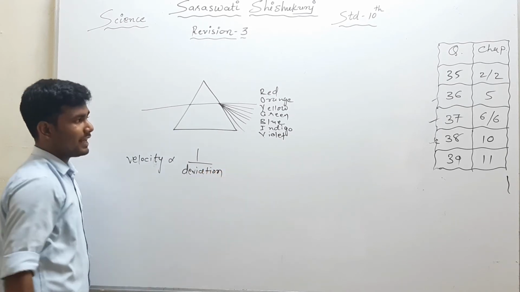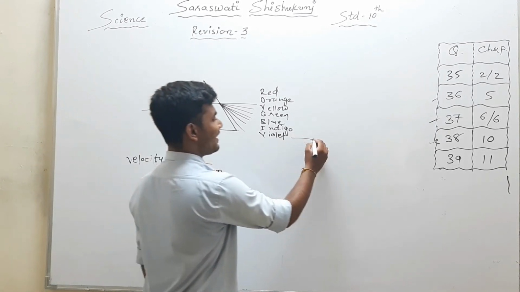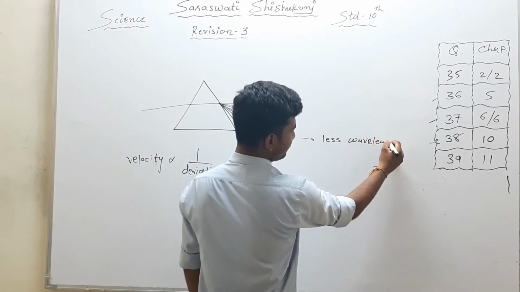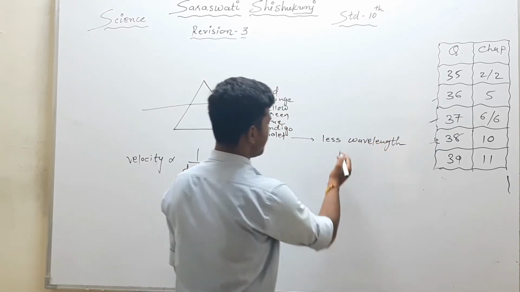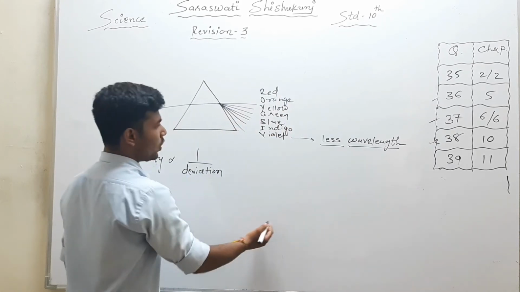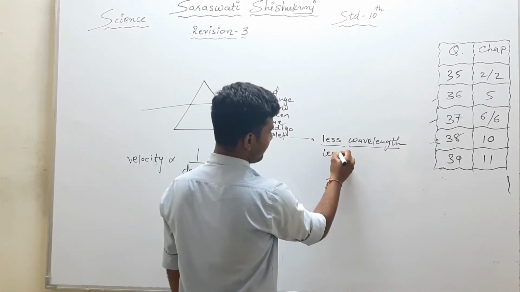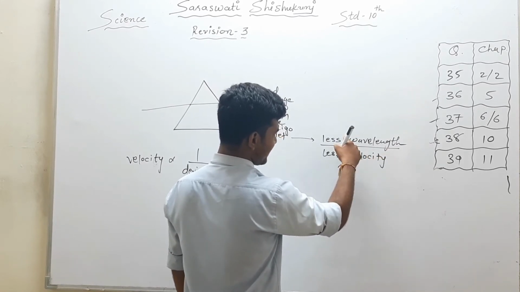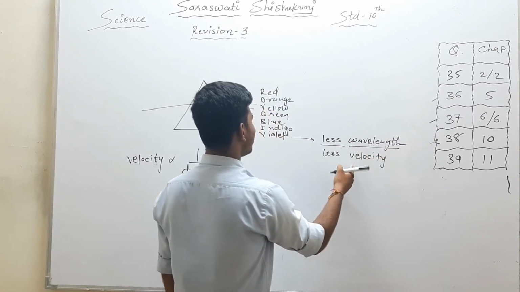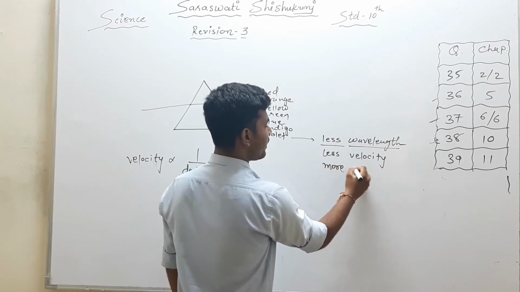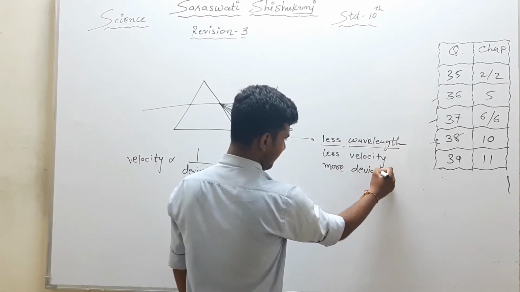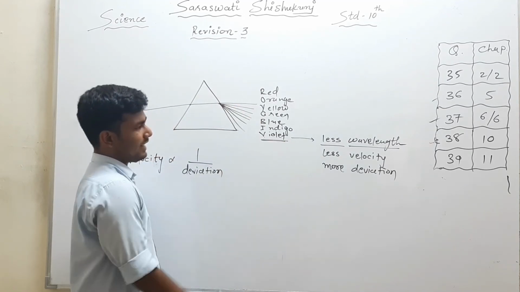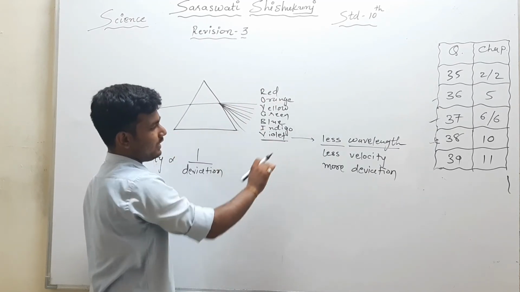Now see, violet color has less wavelength, so its velocity is also less. Less wavelength means less velocity, and less velocity means more deviation. That's why violet color you see more deviated from its original path.